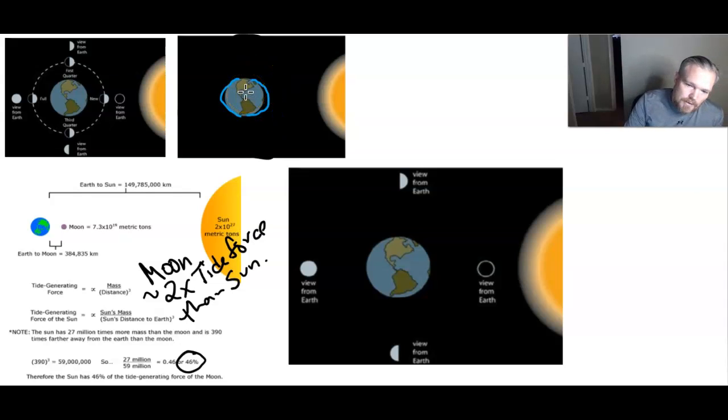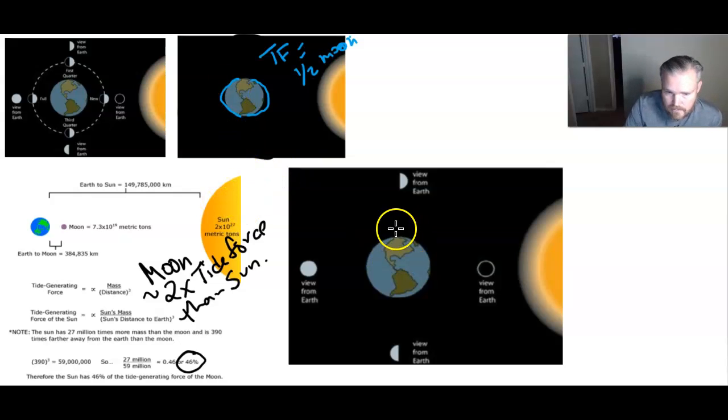But bottom line, the sun creates a tidal force, and that tidal force is 46% of the moon's, or about 50%. So the tidal force of the sun equals basically half of the moon's.